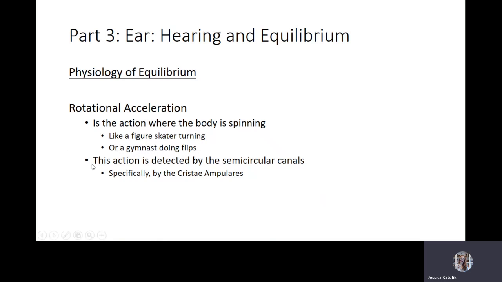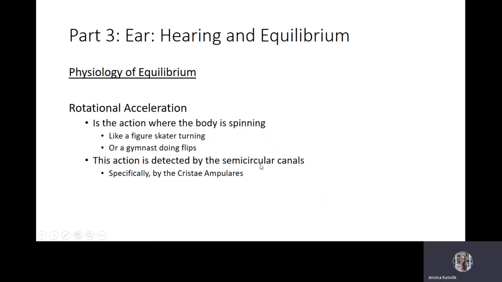The rotational acceleration is not going to be detected by the utricle or saccule. Rather, it's going to be detected by the semicircular canals, particularly the crista ampullaris. There should be one more L here. I spelled that incorrectly.